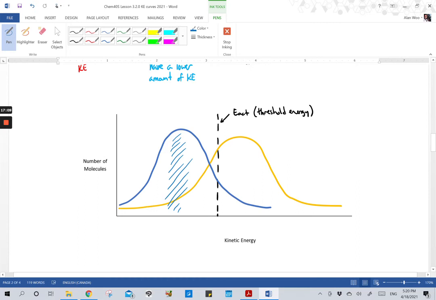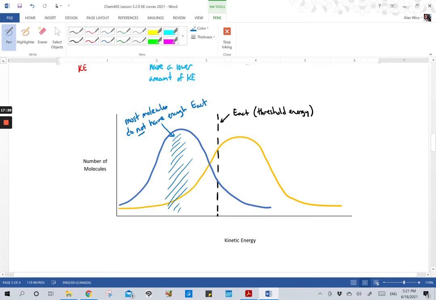Okay, so most molecules do not have enough activation energy. Okay, so if they don't have enough activation energy, they're not going to react.